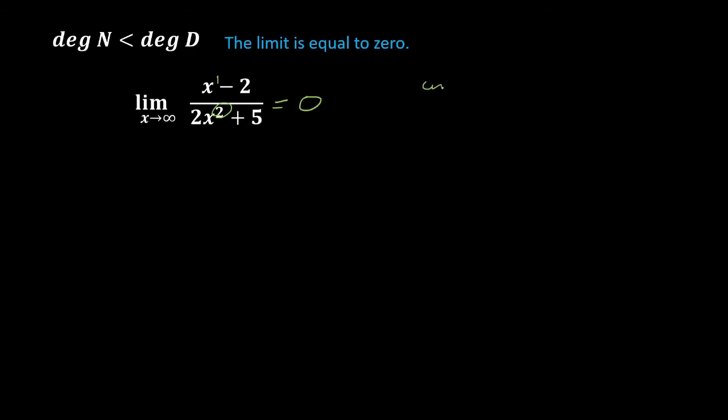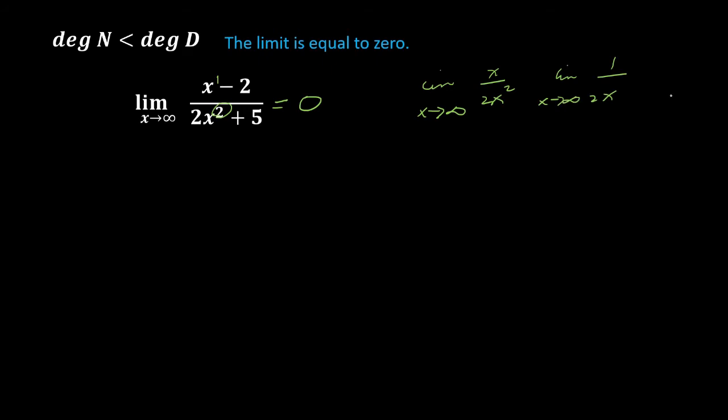Or you can also do the limit of x over 2x squared as x approaches infinity. Trying to simplify this would be the limit of 1 over 2x as x approaches infinity.